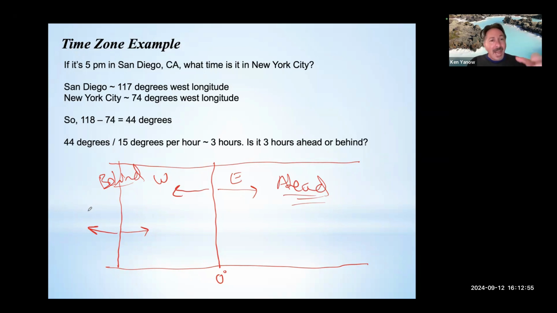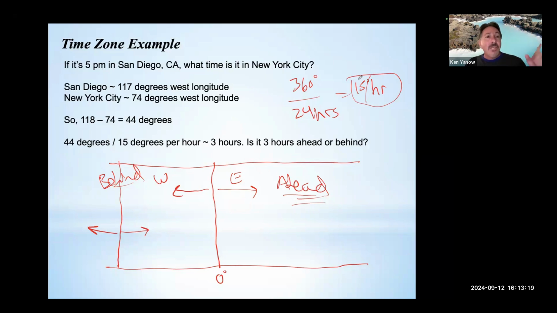The Earth's rotation, by the way, is one complete 360-degree rotation in the time span of 24 hours. 360 divided by 24 is 15 degrees per hour. That means that the Earth is rotating on its axis 15 degrees every single hour.